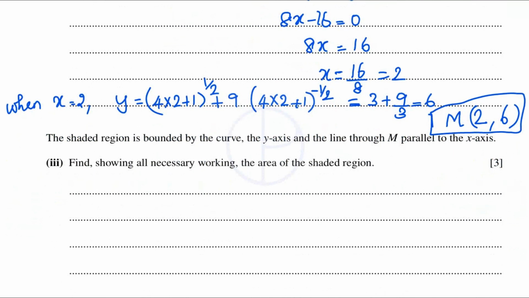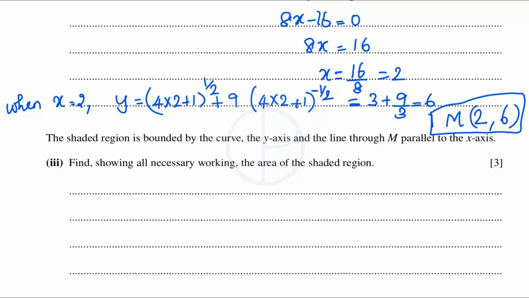Okay. So the third part of the question is the shaded region is bounded by the curve, the y-axis, and the line through M parallel to the x-axis. Find, showing all necessary working, the area of the shaded region.